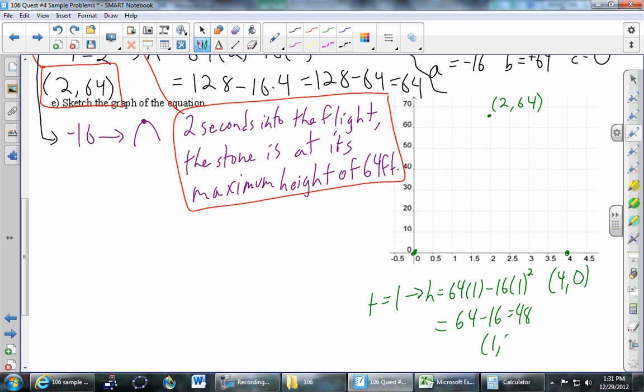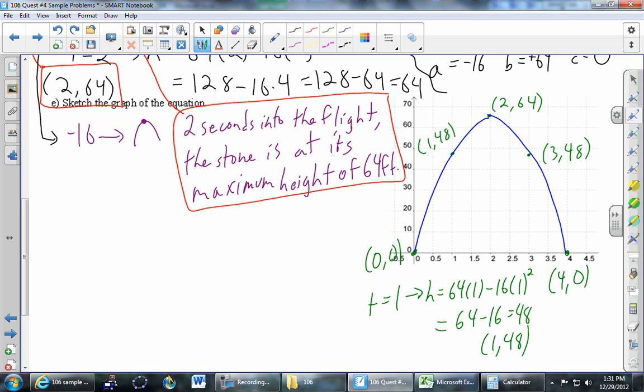So the point 1, 48 is there just in case you want to be really precise. 1, 48 maybe is up here, which means there's a corresponding point at 3, 48. And we'll go ahead and label this origin as 0, 0, and then just finally connect the dots with some smooth curve. We've got our maximum point happening up there at the top. And something like that.